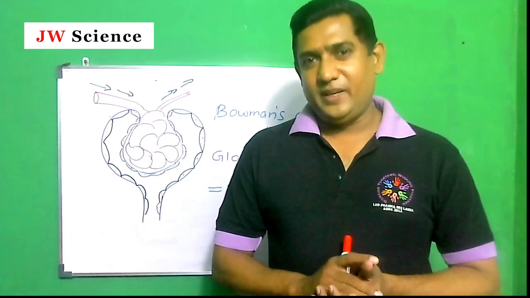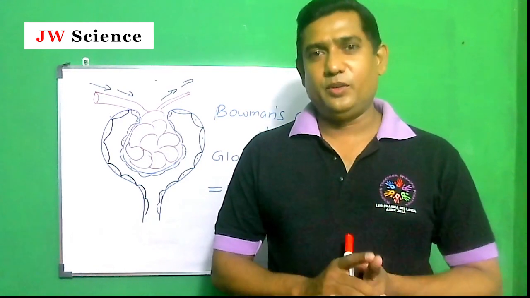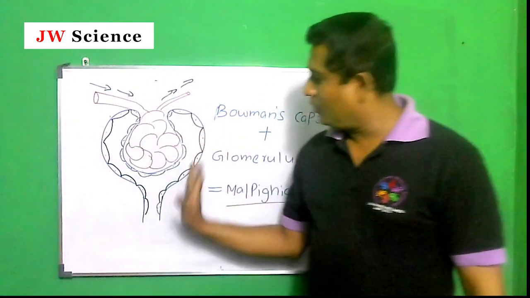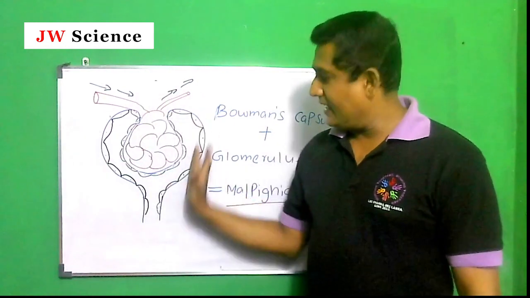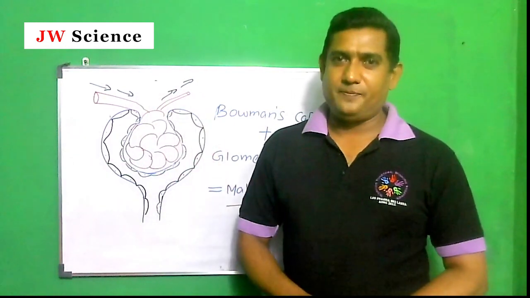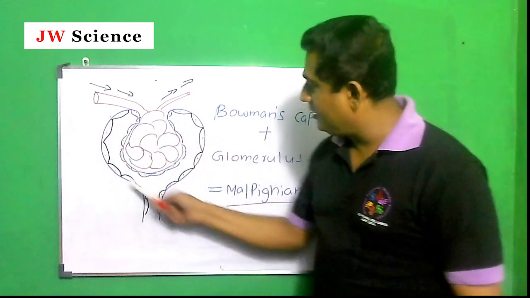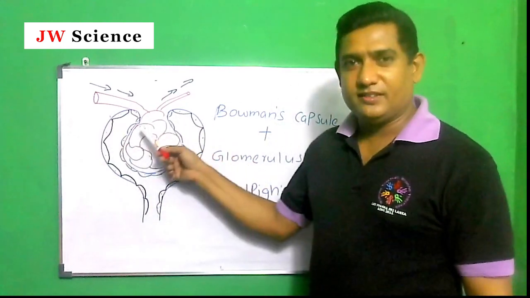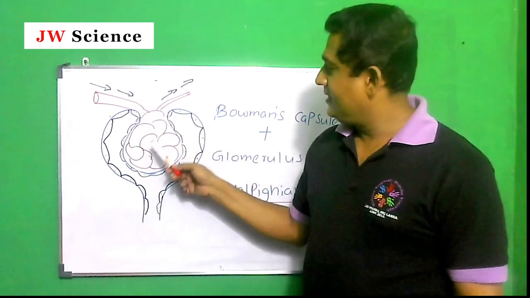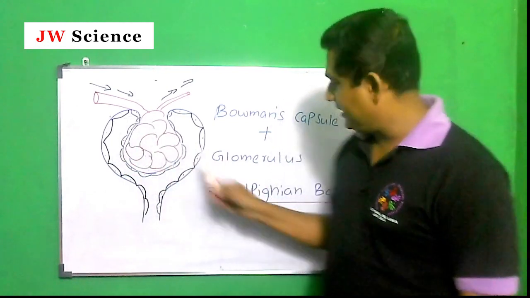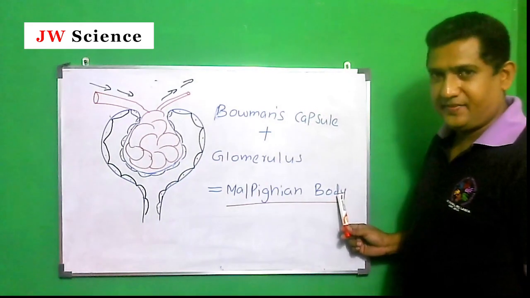Now I am going to explain to you the first step of urine formation, which is ultrafiltration. This is a more detailed diagram of Bowman's capsule. As you see, this is the Bowman's capsule and this is the glomerulus, the capillary network. Together, this Bowman's capsule and the glomerulus is called the Malpighian body.